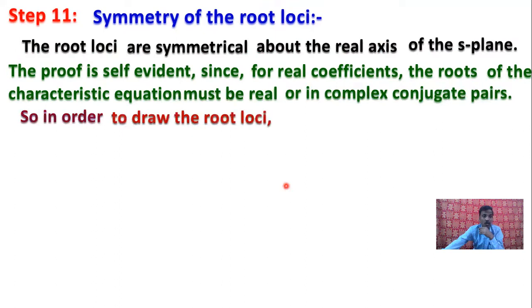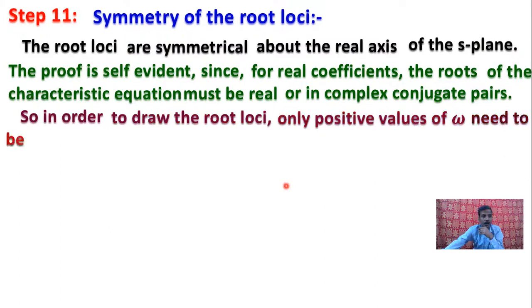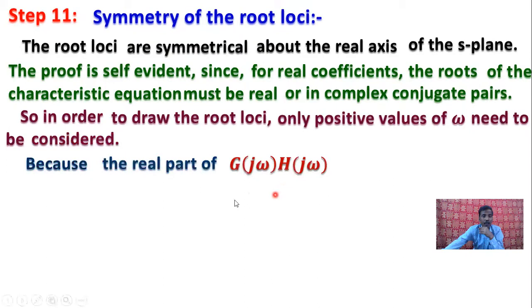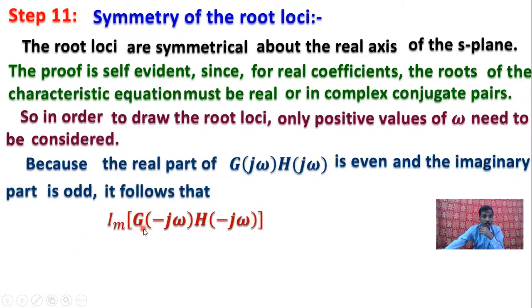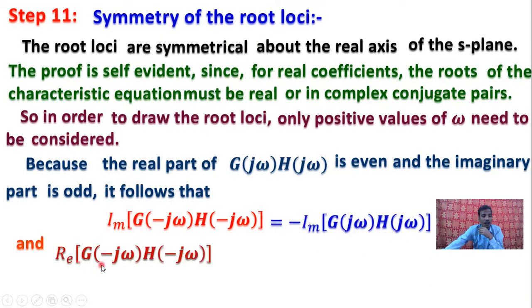So in order to draw the root loci, only positive values of omega need to be considered, because the real part of Z(j omega) is even and the imaginary part is odd. It follows that the imaginary part of Z(-j omega)H(-j omega) equals minus the imaginary part of Z(j omega)H(j omega), but the real part of Z(-j omega)H(-j omega) equals the real part of Z(j omega)H(j omega).